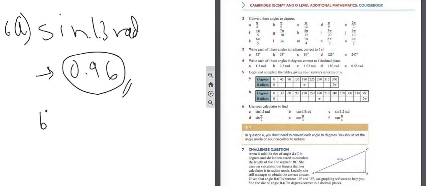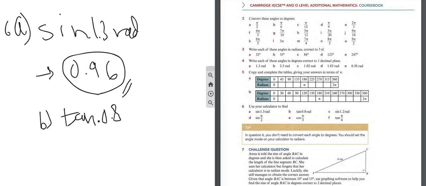B part, we can say tan 0.8 radians. These are just functions of trigonometry. I will be explaining this also. Trigonometry is a very good concept, and I think we all should know about it. It's very fun, and I enjoy trigonometry a lot. I think you will also.